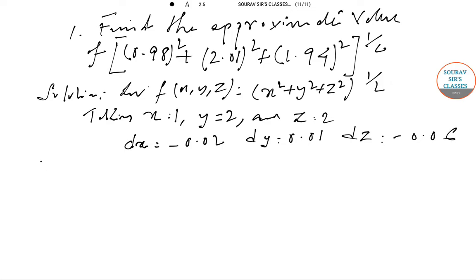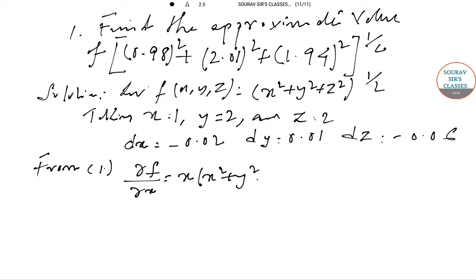Now df by dx is equal to x into (x square plus y square plus z square) to the power minus half. Here we have taken half, so the power is minus half, right?